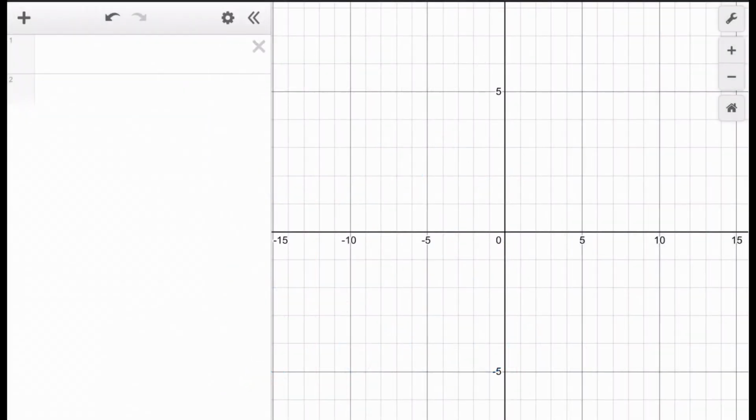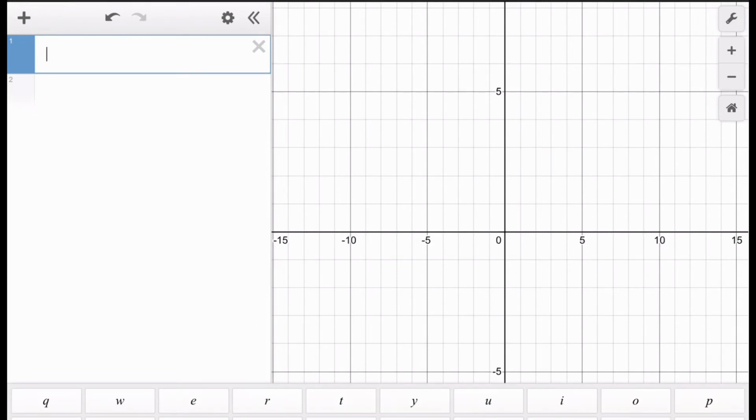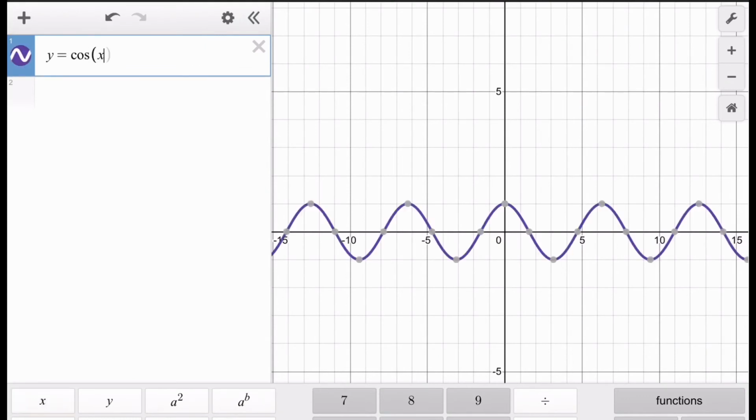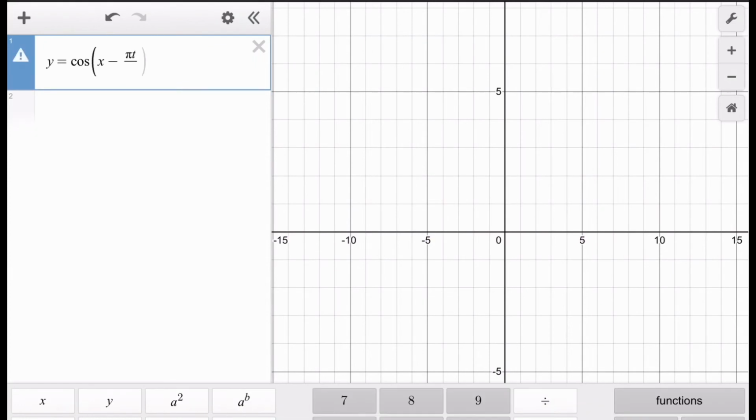Now you can have a visual representation of this by using a very good graphing app known as Desmos. So let's write down the equation of our wave here: y equals cosine of (x minus vt), where v was pi by 4.